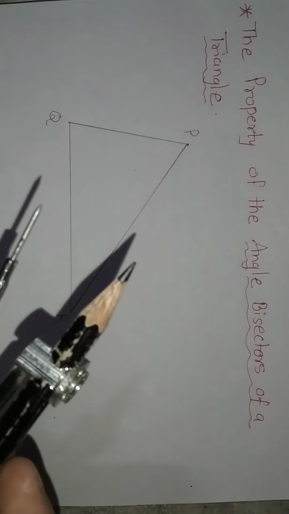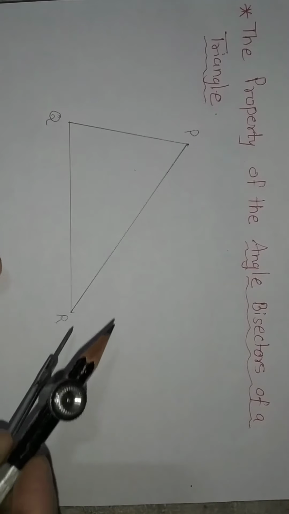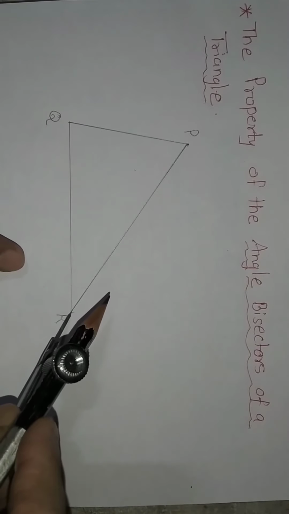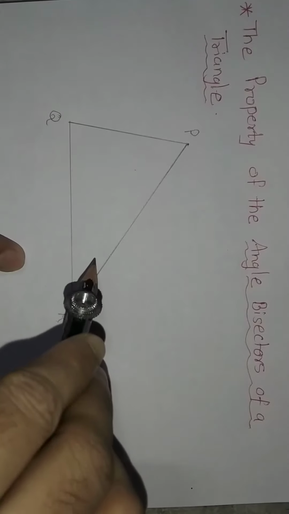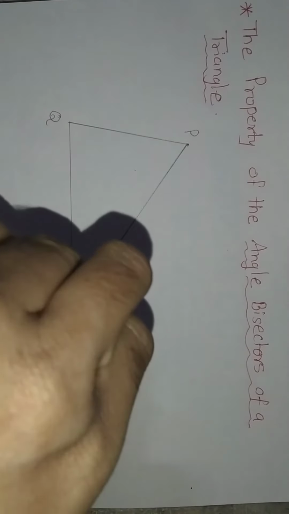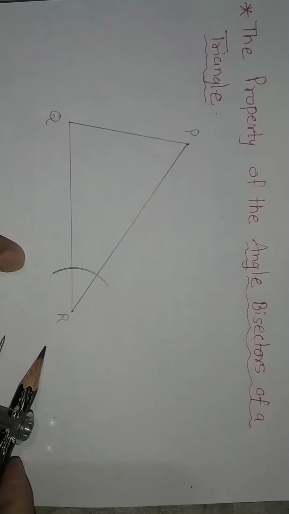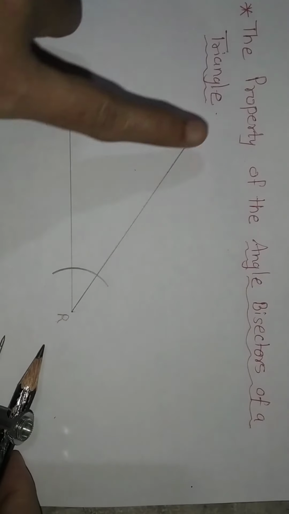Take the compass. You need your compass to bisect each angle. So put one end of the compass on point R and draw an arc which will cut the two segments at two different points, segment RQ and segment RP.